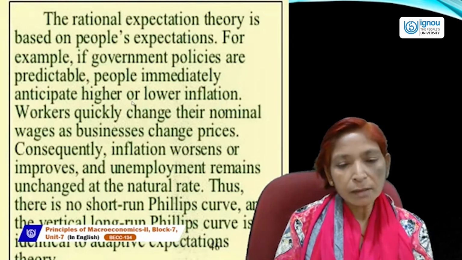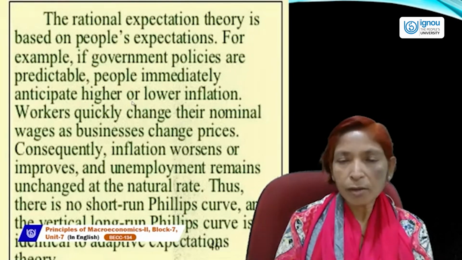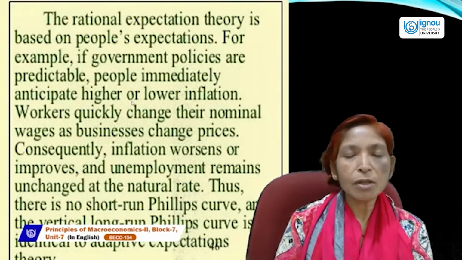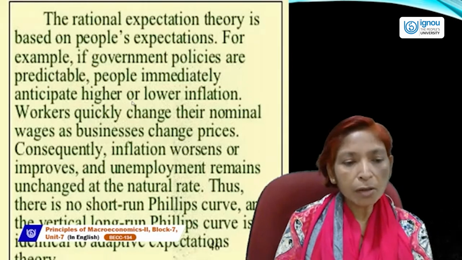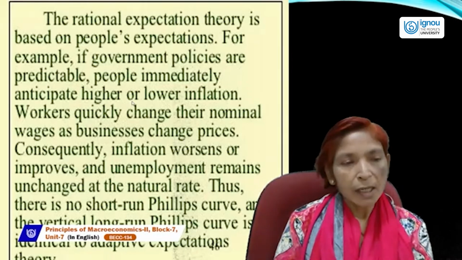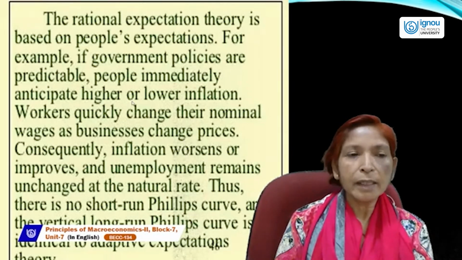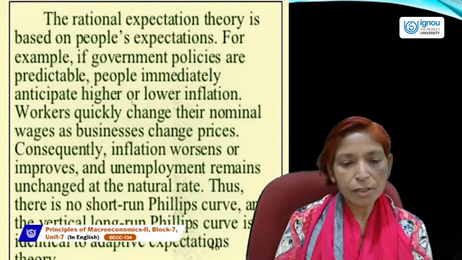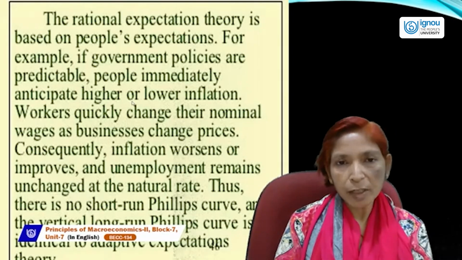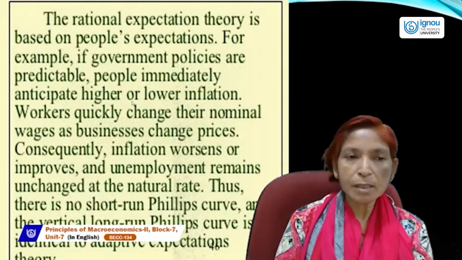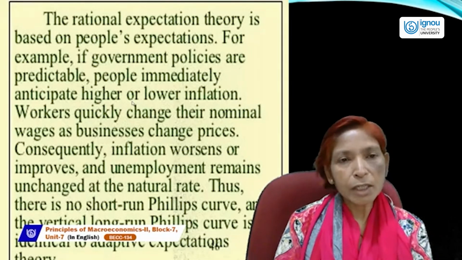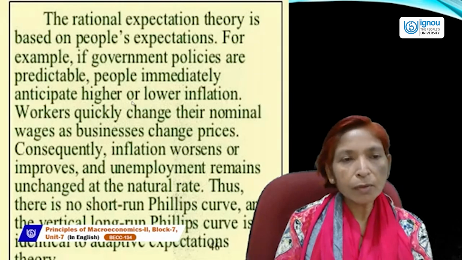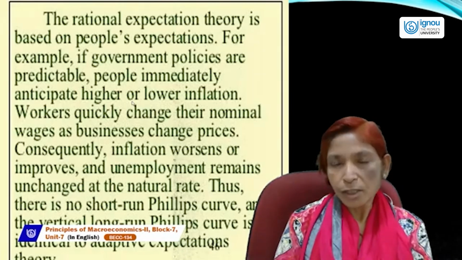Adaptive expectation theory was based on the short run Phillips curve, but the rational expectation theory is based on the assumption of the long run Phillips curve. Adaptive expectation theory explains the negative relationship between inflation and unemployment, which is also described by the short run Phillips curve, and expectations may be adaptive or may be rational, depending upon which method we are using to make our predictions.